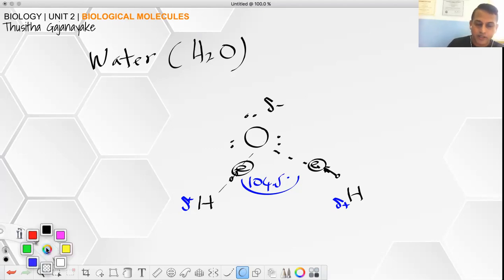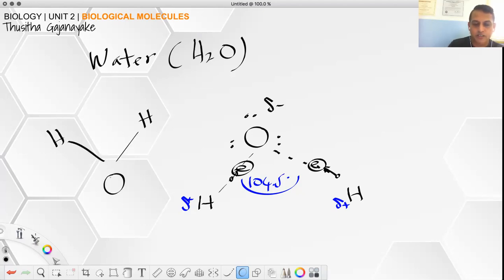Another important thing: if you bring another water molecule close here, with hydrogen and oxygen, this hydrogen has a slightly positive power, and this is slightly negative.